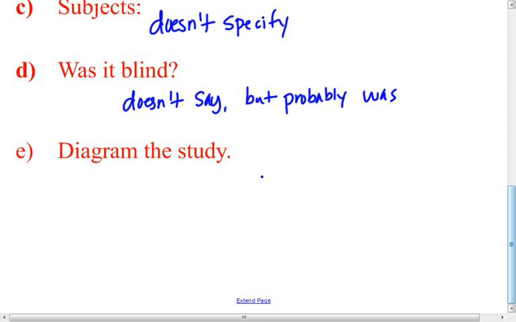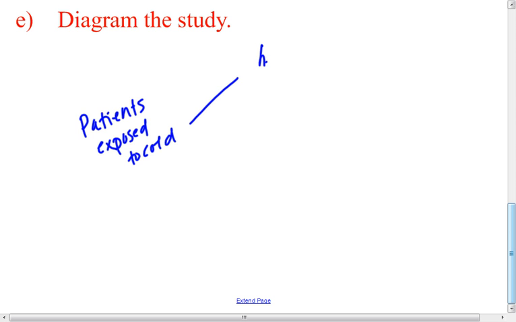Okay, and then lastly, we're going to diagram that study. So, what we're given here is patients that are exposed to a cold. That's all we know about them. We don't know whether they're young, old, female, whatever. Okay. Some were given an herbal compound.